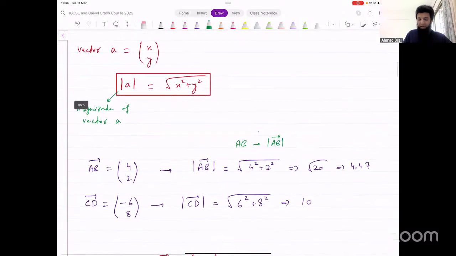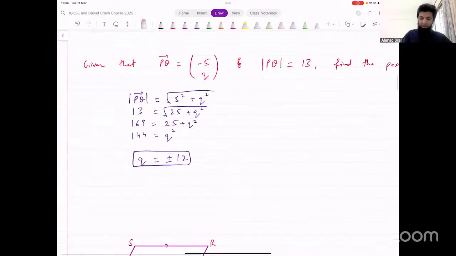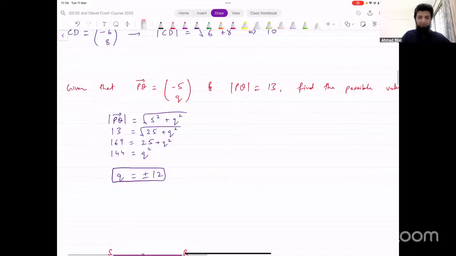Okay, we did some examples in this. Sometimes you have the vector given and you have to find the magnitude. This is the notation that we use for that. Two vertical lines around the vector represents the magnitude of a vector. This is how we can find this. Sometimes you're given the magnitude and you have some missing information in the vector.